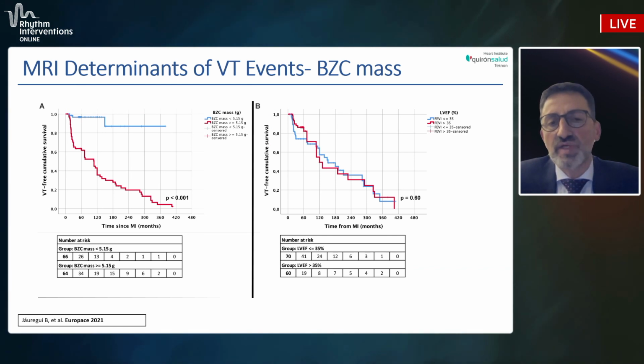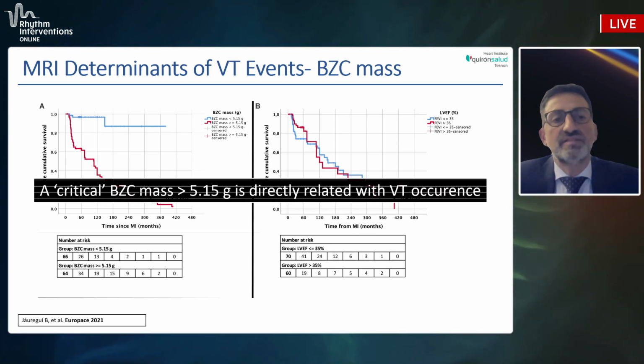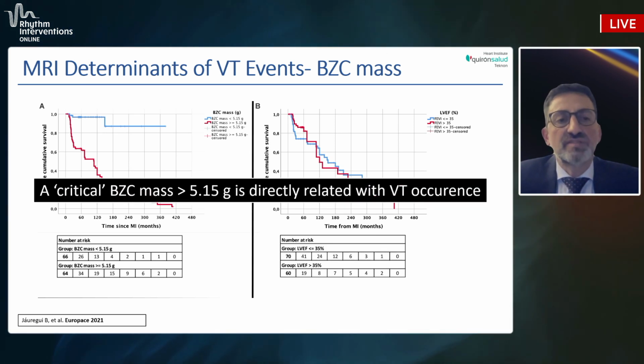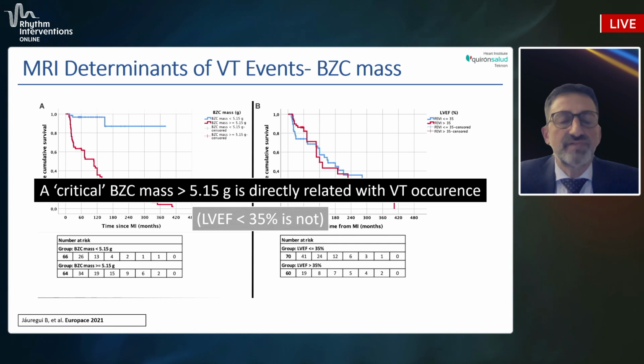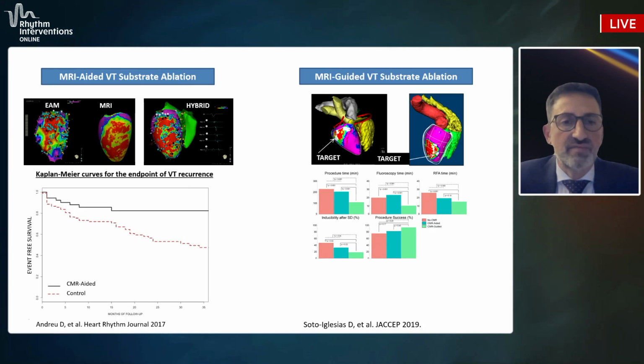Here you can see that the left ventricular ejection fraction less or more than 35% was not sensitive at all to identify those patients that will have VTs after a myocardial infarction, and that the presence of border zone channels, and especially patients with a critical border zone channel mass of more than 5.15, that was the best cutoff value, was directly related with the VT occurrence, and left ventricular ejection fraction, as I told you, less than 35% was not related or not sensitive to identify patients that will have a VT after a myocardial infarction.